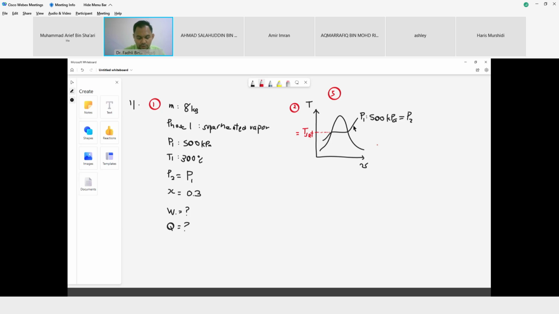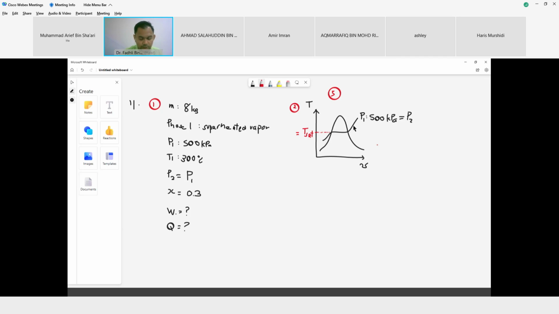The pressure is given, 500 kilopascal, so go for the pressure table. Look at pressure table A5, and then go for 500 kilopascal.